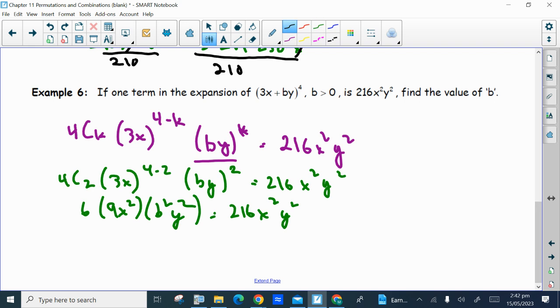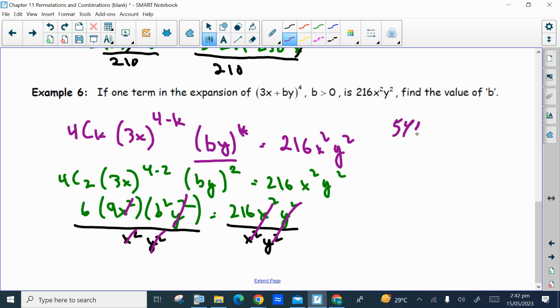We can divide both sides by x squared and y squared, and they'll cancel. So what we have left is 6 times 9, which is 54, times b squared equals 216.